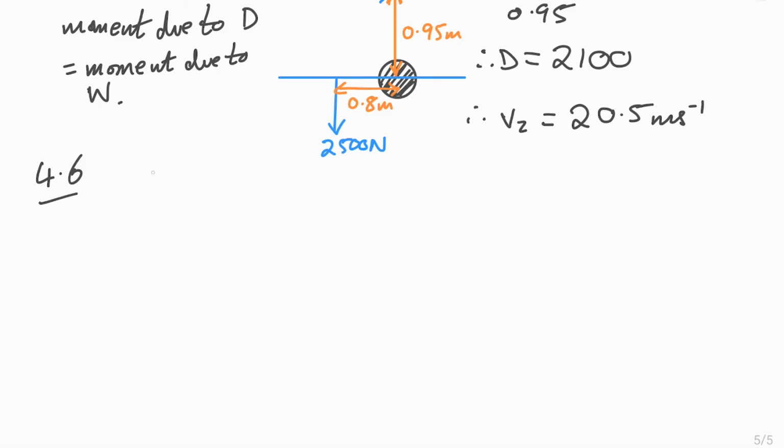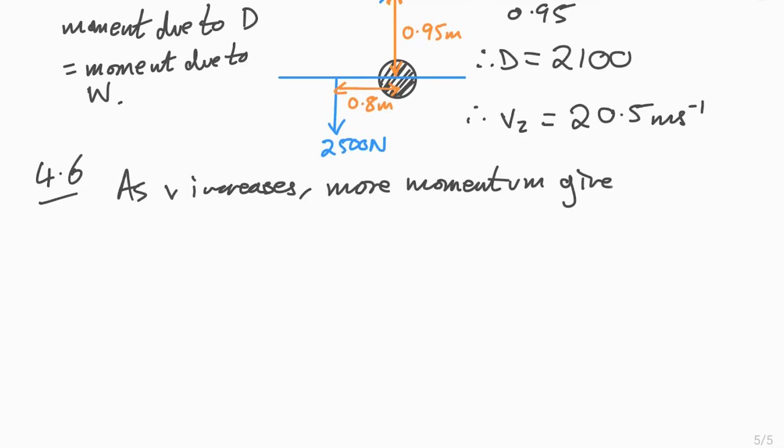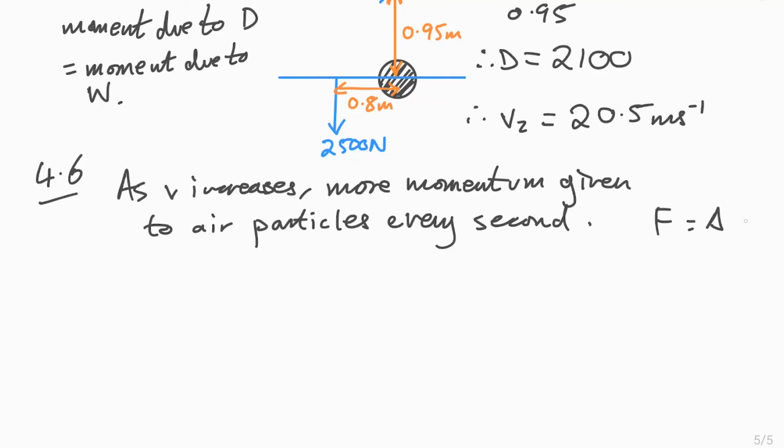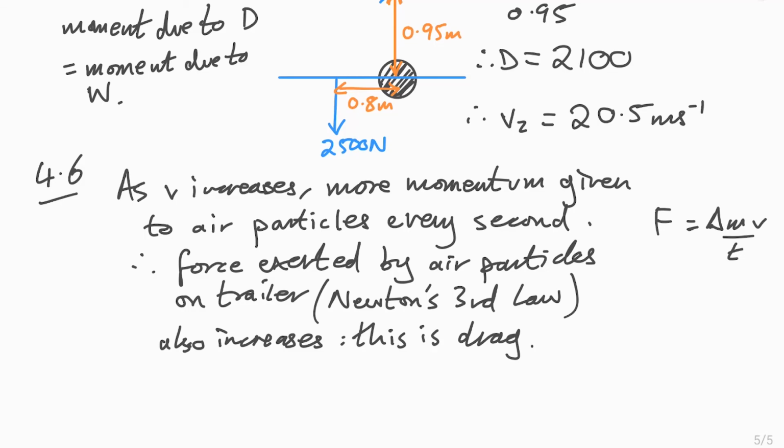So as V increases, more momentum is imparted to air particles every second, because we know that F is equal to delta mv over T. And if it's every second, that takes care of that. So therefore, the force exerted by air particles on the trailer is equal and opposite, due to Newton's third law. There we go.